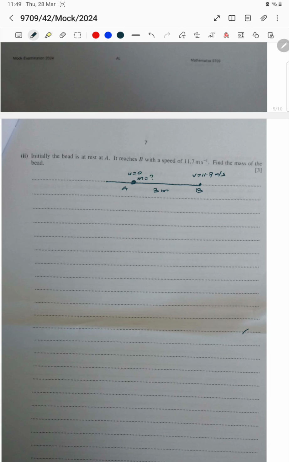We have to find m. Along with it, from the first part, we know the s, so in 2as, we need to find acceleration as well. 2as is equal to v square minus u square, which is the third equation of motion. So here a will be v square minus u square over 2s.